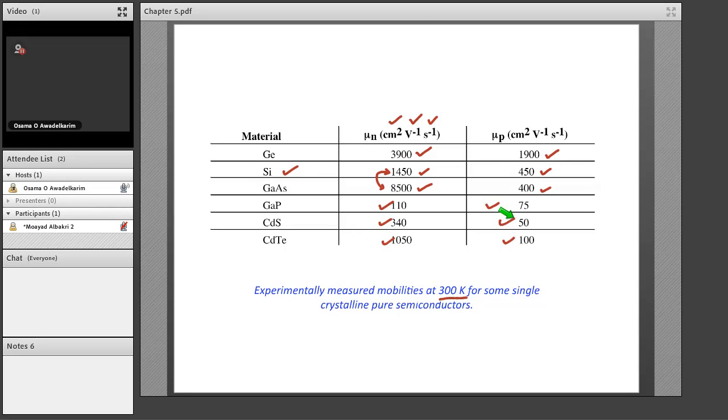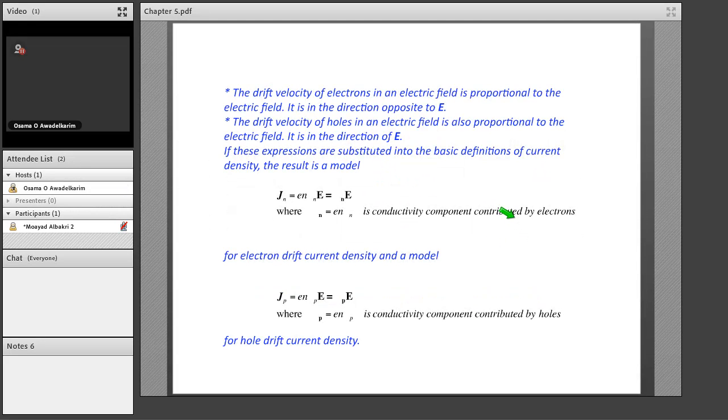Okay, so now we can say that the drift velocity, now we're specifying the average velocity as the drift velocity. Why? Because the mechanism is drift, because we have an electric field.